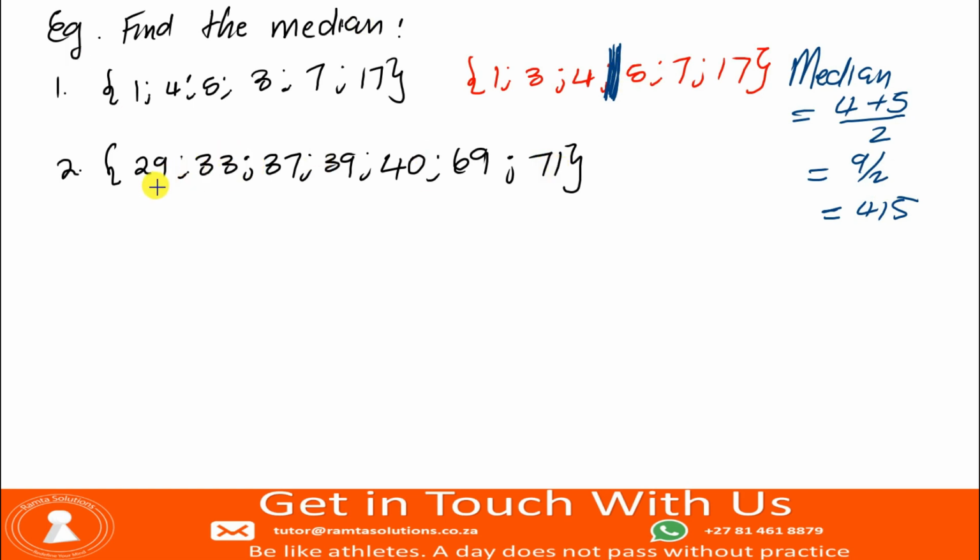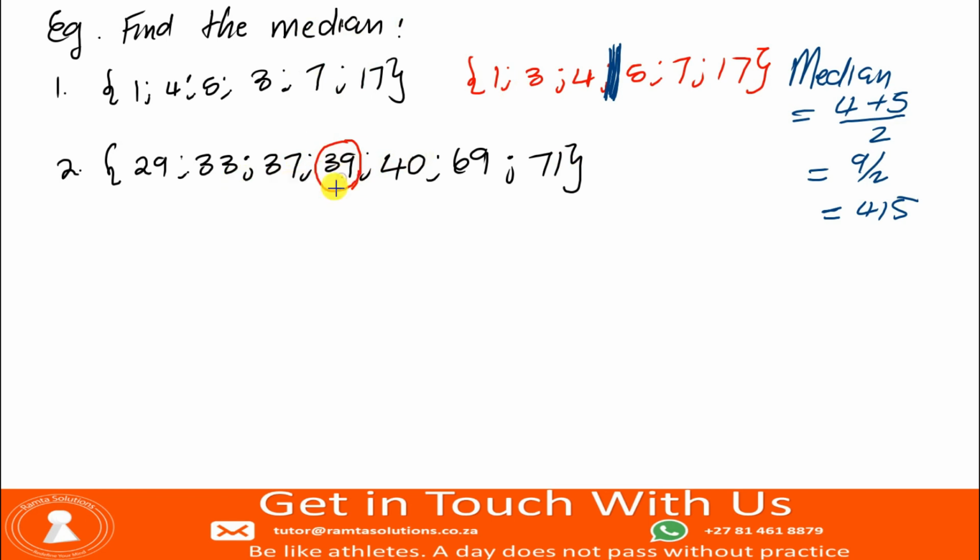We have 7 values, 1, 2, 3, 4, 5, 6, 7. The median must be the value that divides the data into equal halves. The fourth value is the one that divides the data into 2 equal halves.